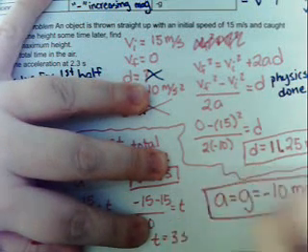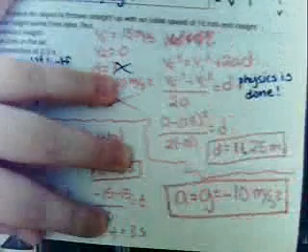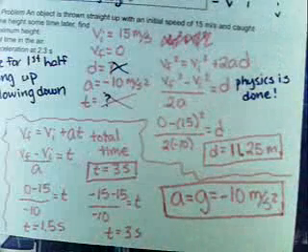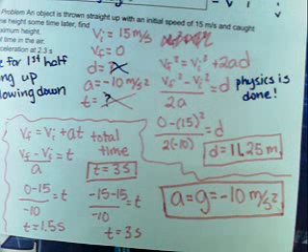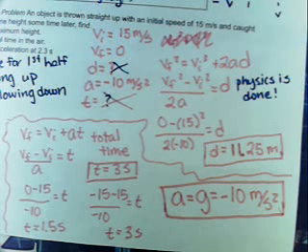Negative 10 meters per second squared. Meters per second per second. It doesn't change. It doesn't change ever. It doesn't matter at 2.3 seconds, at 1.8 seconds, it doesn't matter. Gravity doesn't change.